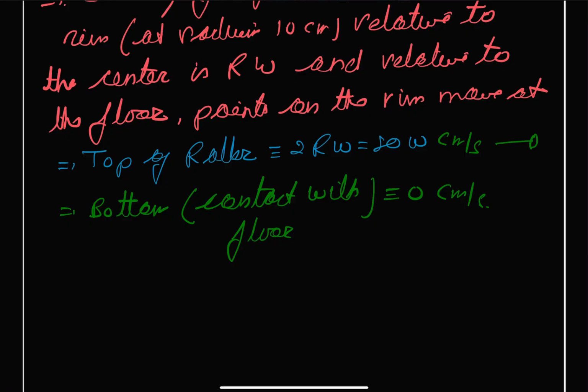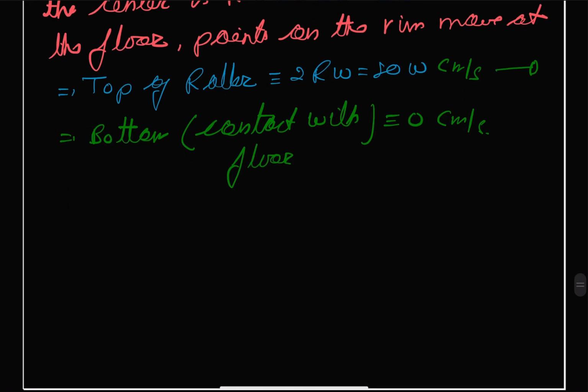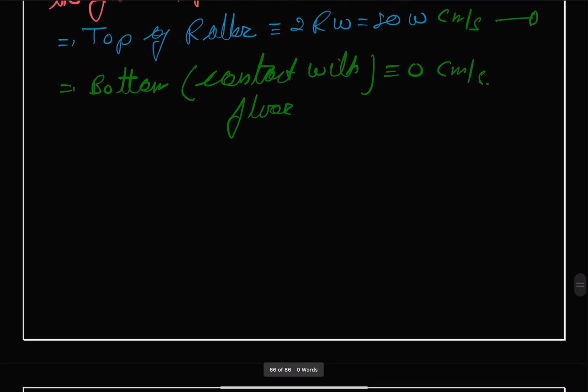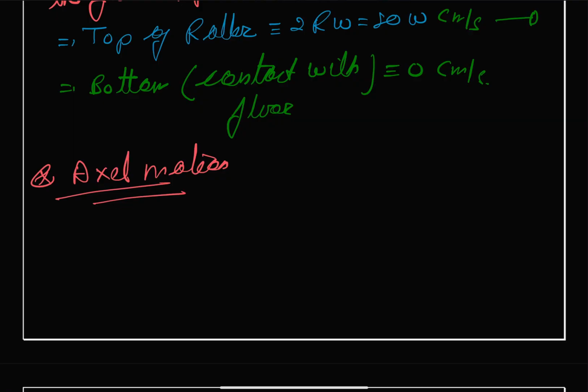Now we come to the axle motion. The radius is 5, given to us, and obviously it has to be rotating at the same angular frequency with the roller. This is the important part here.